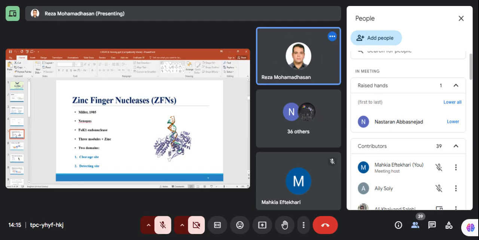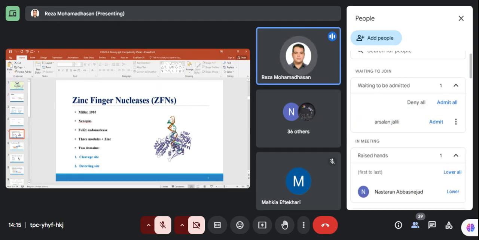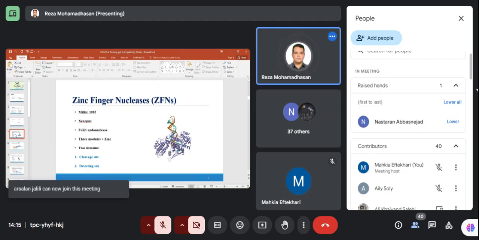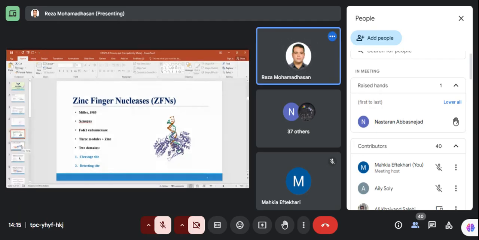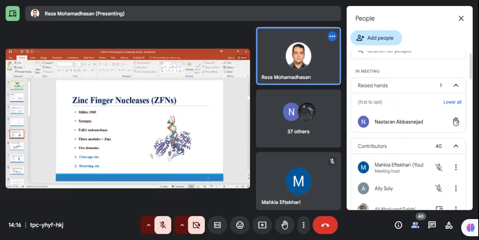The core of the system is FokI endonuclease, also containing 3 modules with zinc. There are 2 main domains in the system. The first one is the cleavage site, and the second is the detecting site. And the picture is the endonuclease.